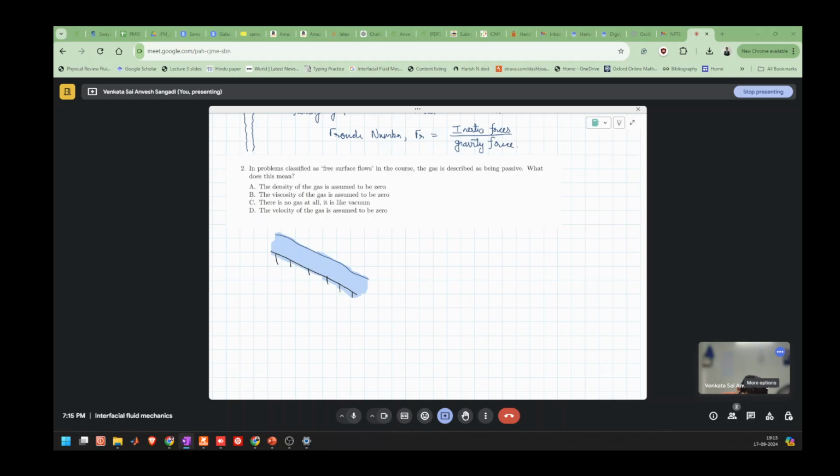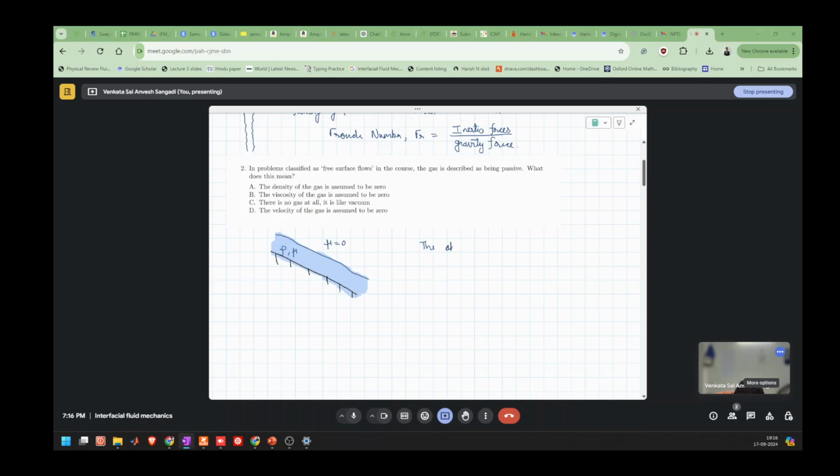the fluid inside has a finite density and viscosity. But the gas above, when it is said to be passive, we assume that the viscosity is zero.